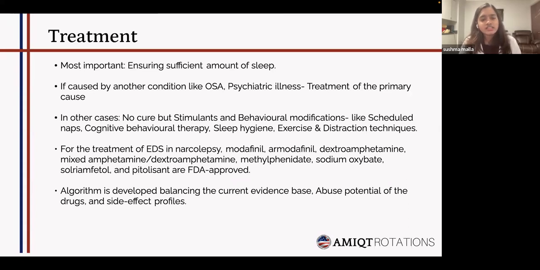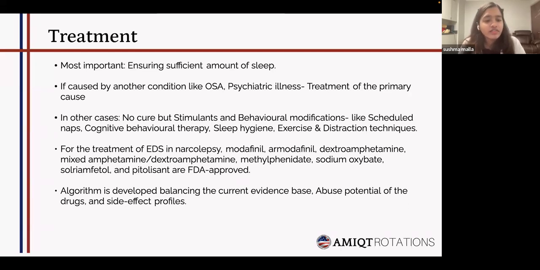But in other cases, there is no cure, for example narcolepsy, but stimulants like methylphenidate and behavior modifications like scheduled naps help. They schedule their naps over the day, along with cognitive behavioral therapy, sleep hygiene, exercise, and distraction techniques. Some people are asked to chew gum over the day so that they have something to distract themselves from the sleep.